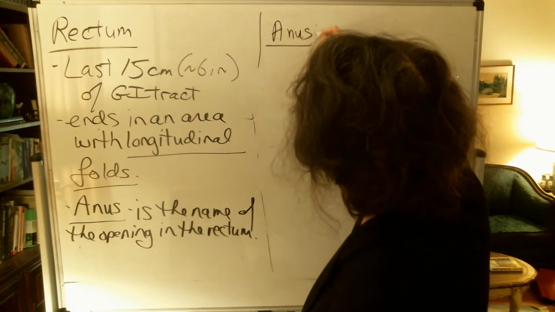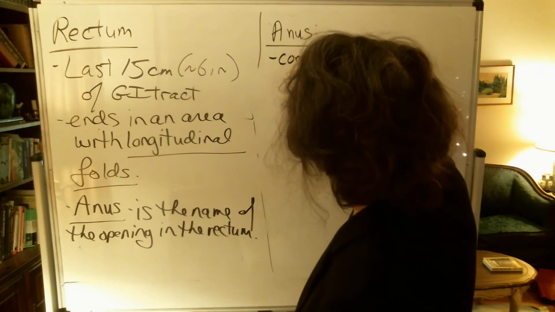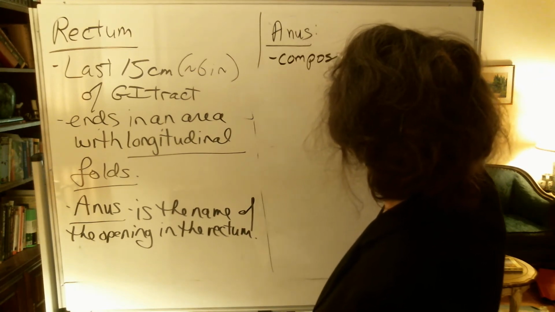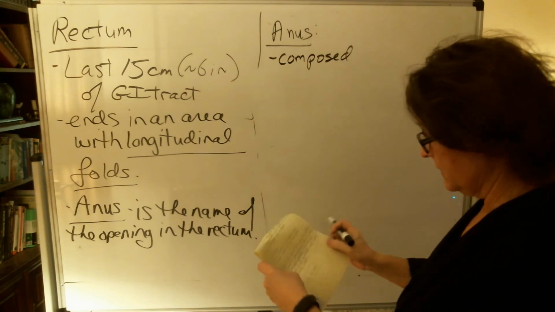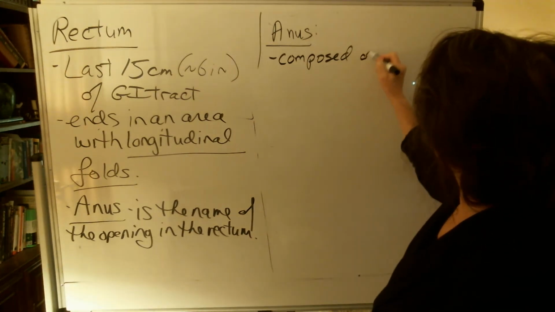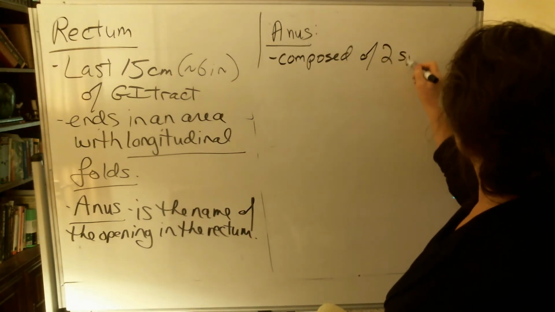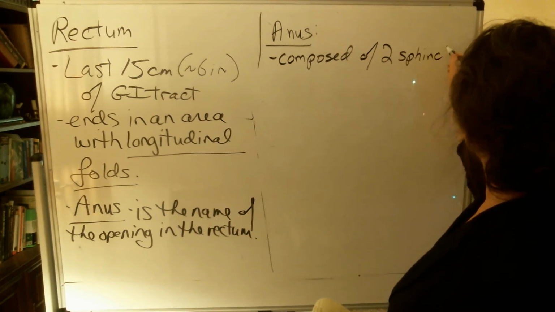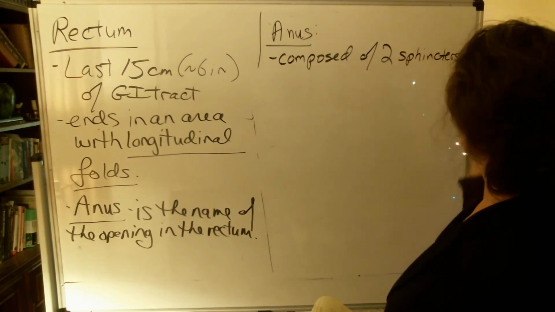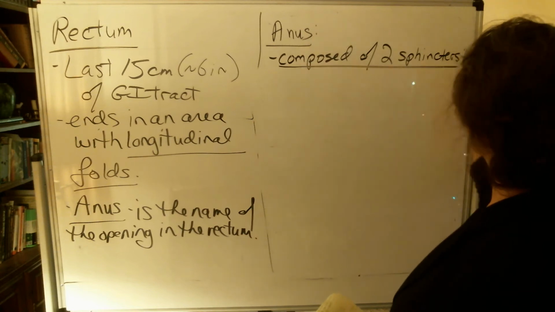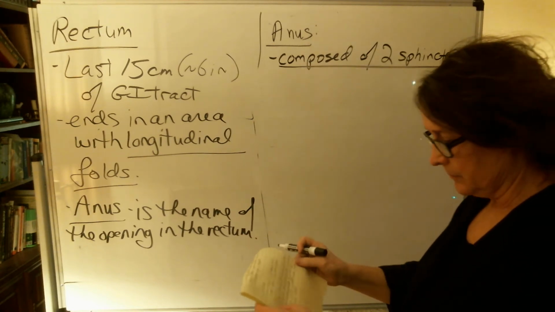So the anus is composed of two sphincters. Remember what sphincter muscles are?